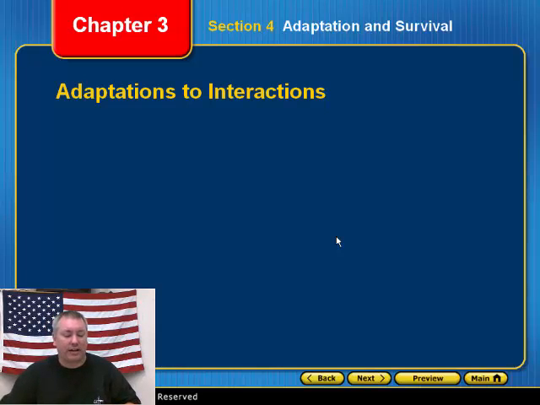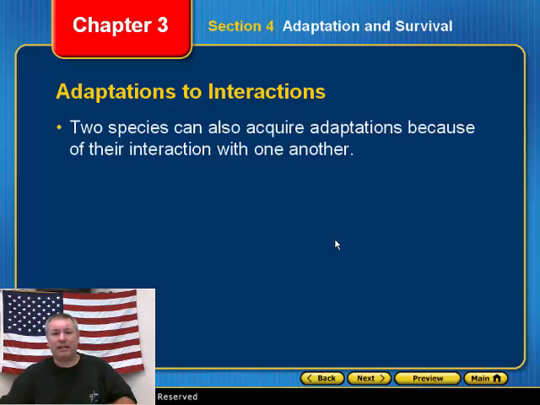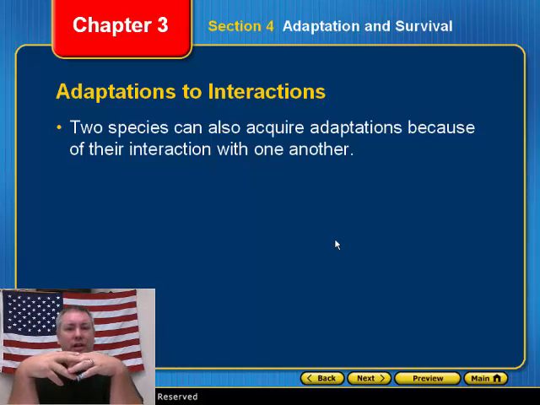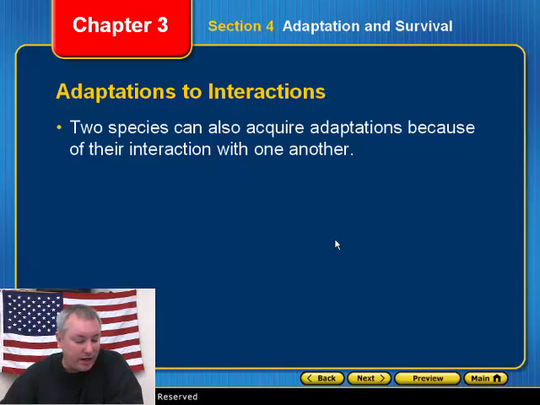Now, there are adaptations also for interactions. What that means is that some organisms can create adaptations so that when they interact with each other, it makes it mutually beneficial. If you look on page 86, you see that picture of the Hawaiian honey creeper.